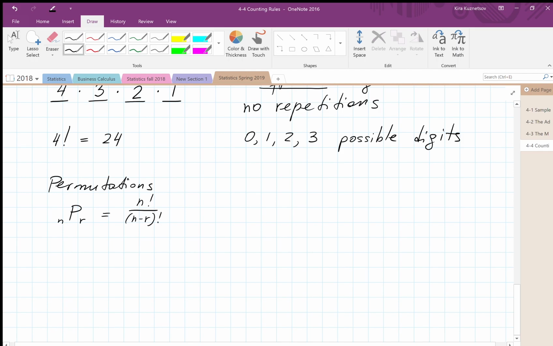The arrangement of n objects in a specific order using r objects at a time is called a permutation of n objects taking r objects at a time. And it is written exactly like this: n objects taken r at a time.